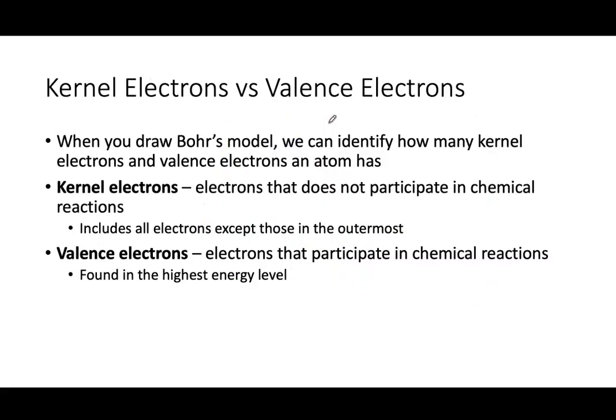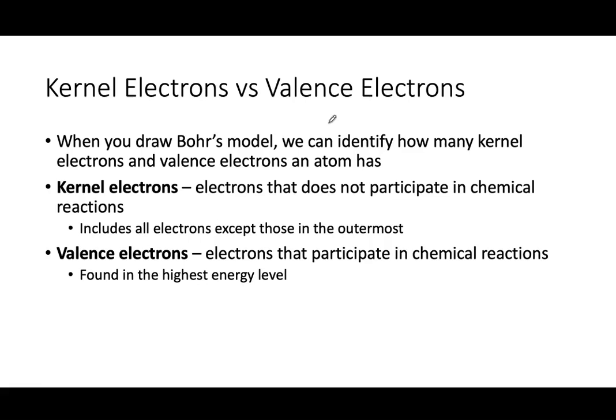All electrons matter because they're part of the atom. However, some electrons can participate in a chemical reaction, while some do not. The electrons that do not participate in chemical reactions are called kernel electrons.